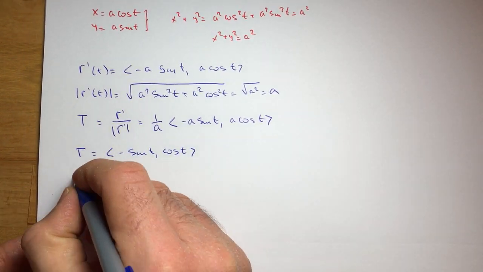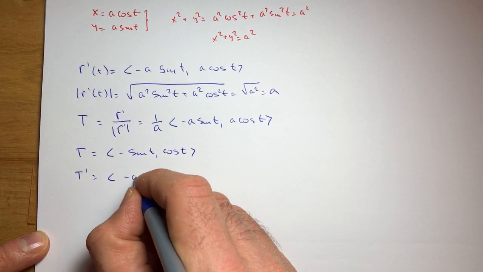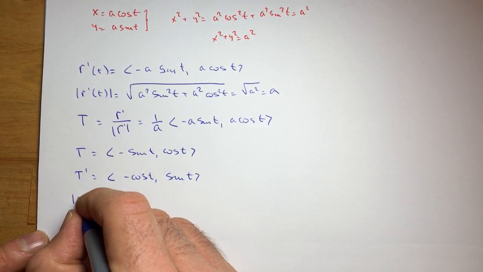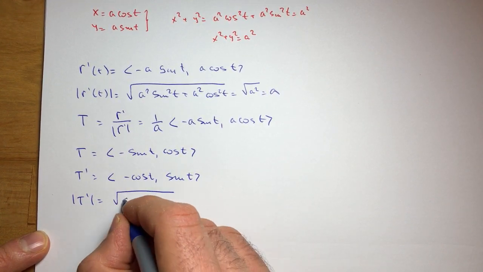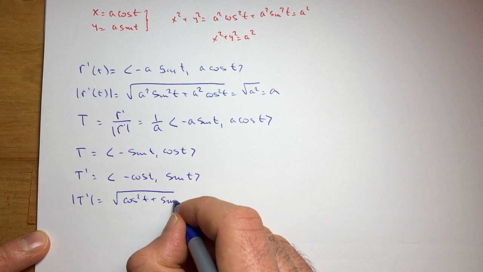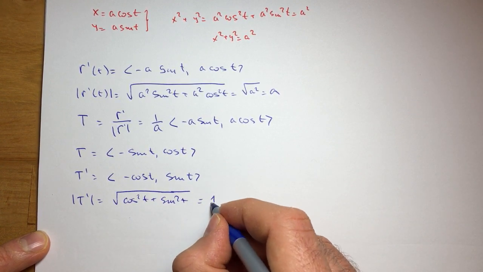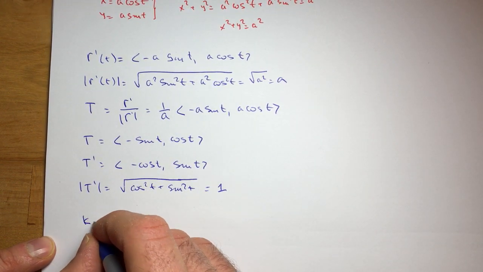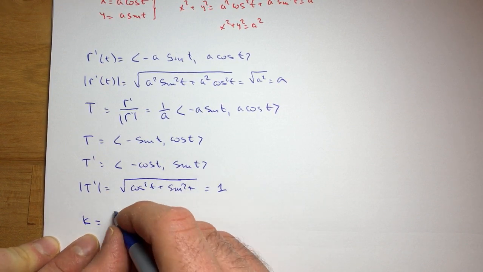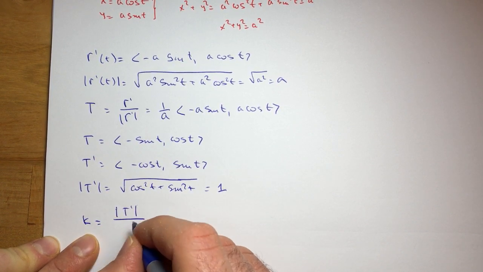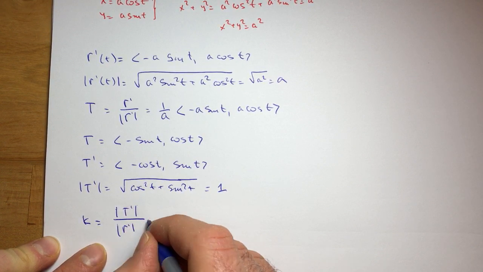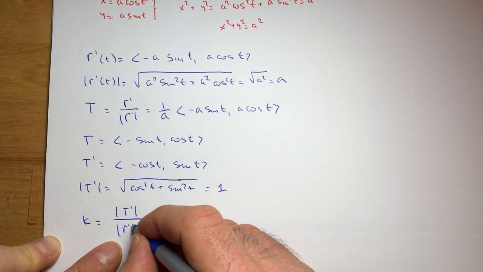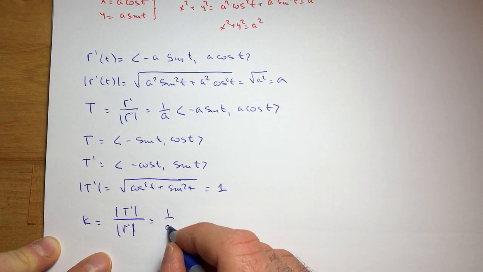Now we have to find the derivative of the unit tangent vector, that's negative cosine of t, sine of t, and its magnitude is the square root of cosine squared of t plus sine squared of t, that's equal to 1. So finally, the curvature of a circle with radius a is 1 over the magnitude of the derivative of the vector, which is 1 over a.